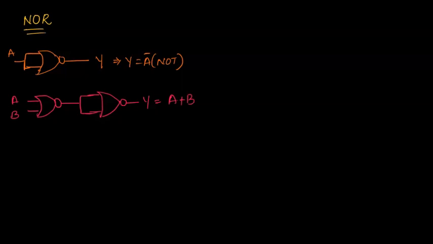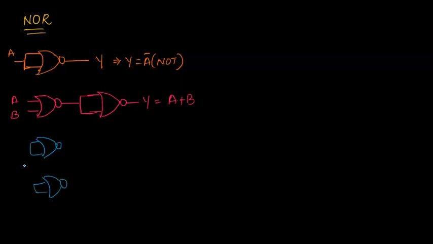Now let us see the AND gate realization. Now for AND gate, the expression will be Y equal to A dot B. Now we have to get them separately. So this is NOR gate. This is one more NOR gate.